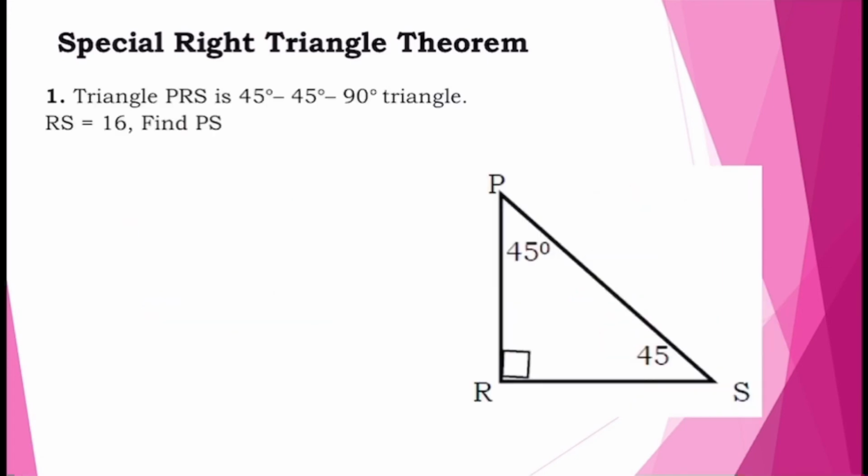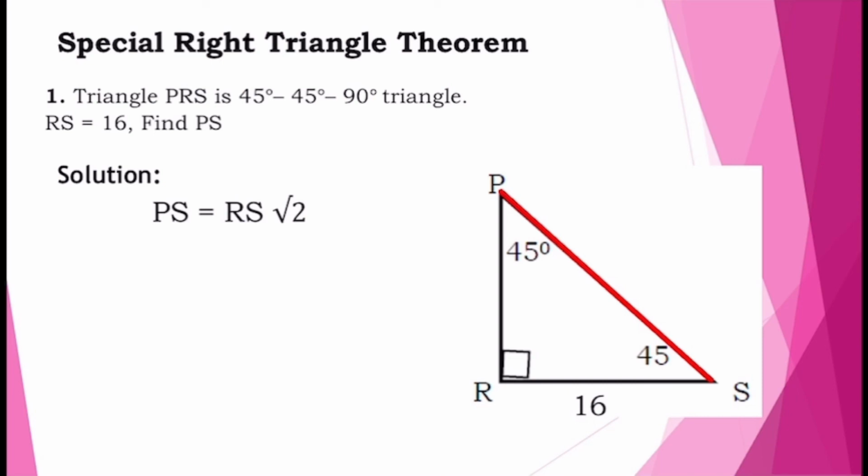For our first example, triangle PRS is a 45 by 45 by 90 degrees triangle, and RS is equal to 16. So let's find PS. Since we're looking for PS, which is our hypotenuse, and the given measure of our side is RS, which is 16, we can use PS is equal to RS times square root of 2.